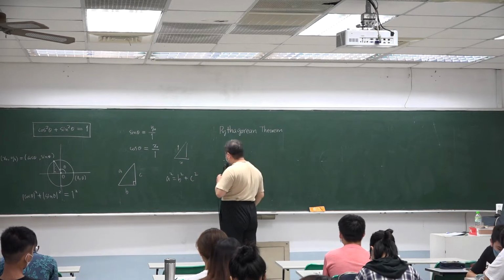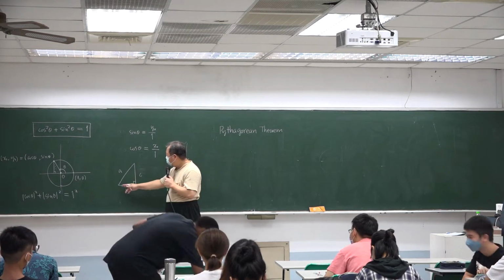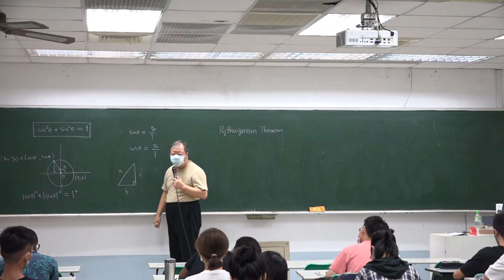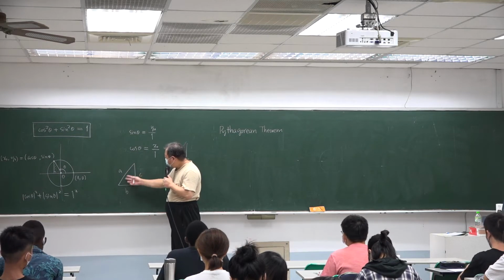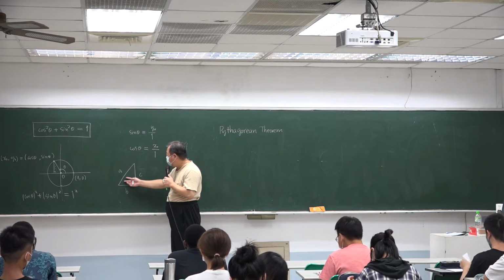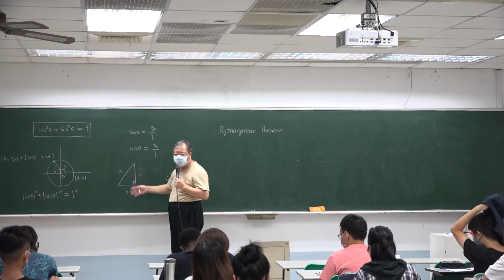The Pythagorean theorem says that for any given right triangle, the square of the hypotenuse equals the sum of squares of the two legs or other sides.